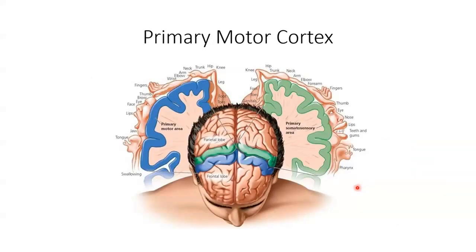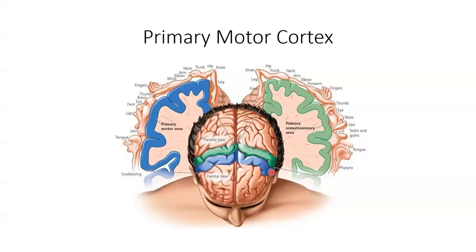Now, elaborating a little further on our primary motor and our primary somatosensory cortices, because these will become important regions of the brain for many of you as you move through your degrees. The primary motor area, or primary motor cortex, which is located in the pre-central gyrus, so remember that bit in front of the central sulcus, is a bit like a map of the entire body, with each region within this area controlling voluntary contractions of specific muscles or groups of muscles.